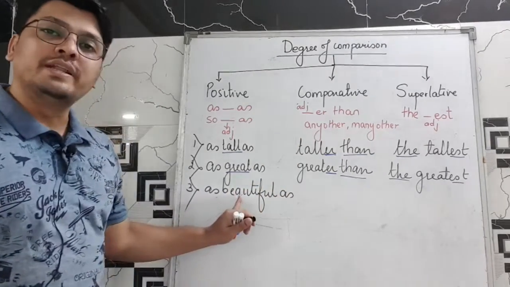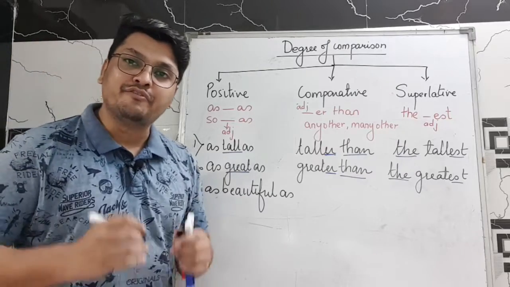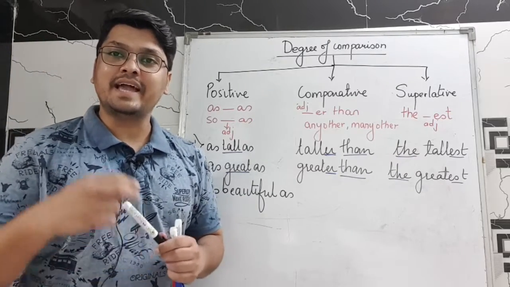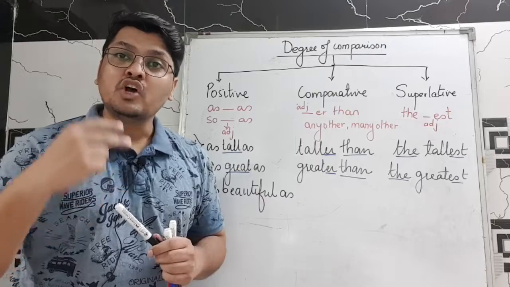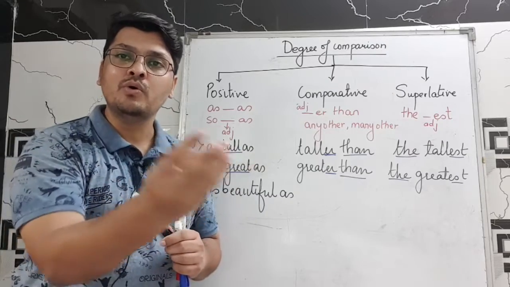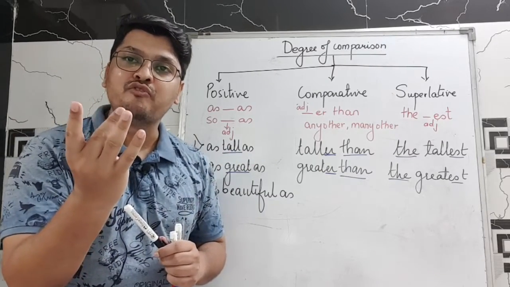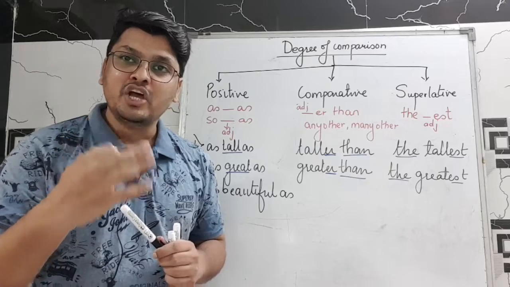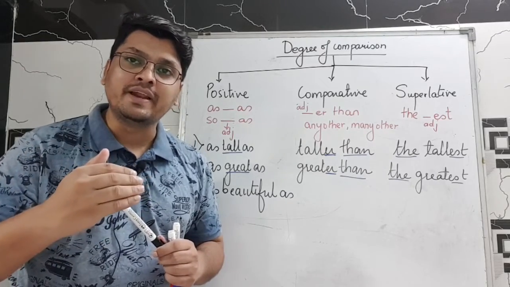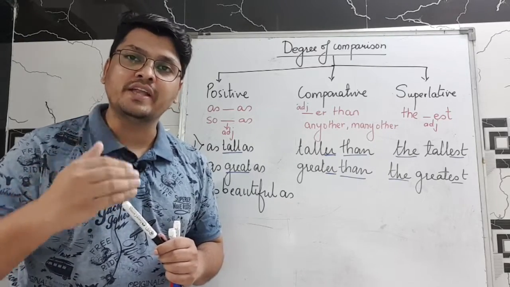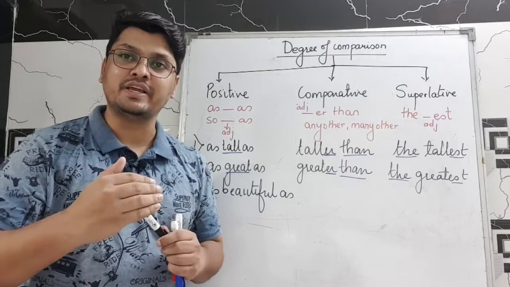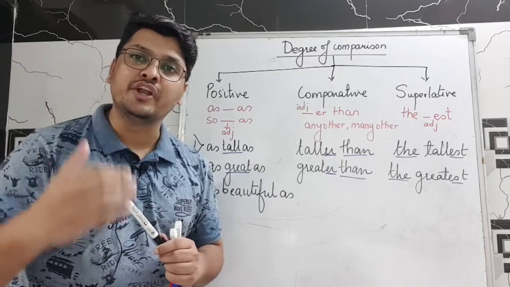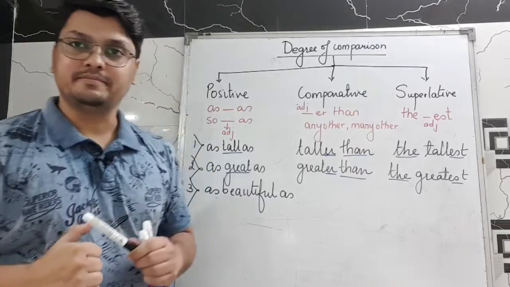So you can see, student, this adjective has two or more syllables, beautiful, three syllables. So such degrees do not change into er and est.